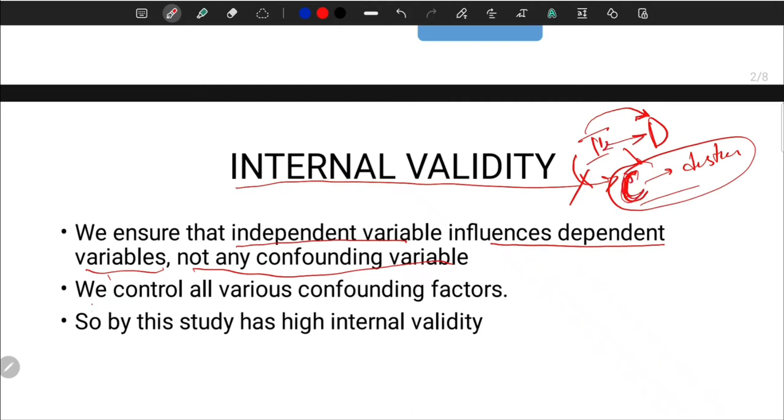For this we control all the confounding variables. How to control? We do the experiment in a particular place, and we restrict all the things. For example, when we are doing anything with music or sound therapy, we reduce all the noises.